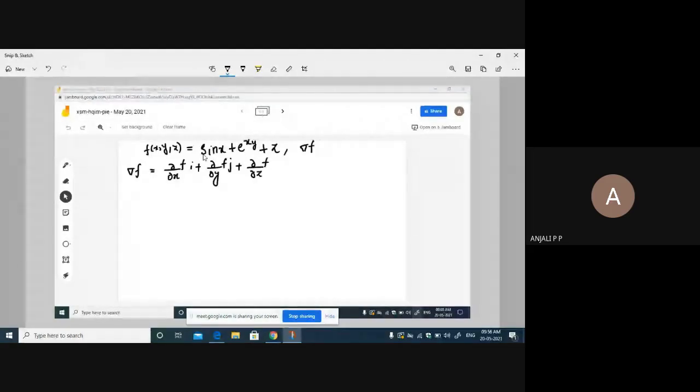Okay, then substitute f. ∂/∂x of f means sin x plus e raised to xy plus z.